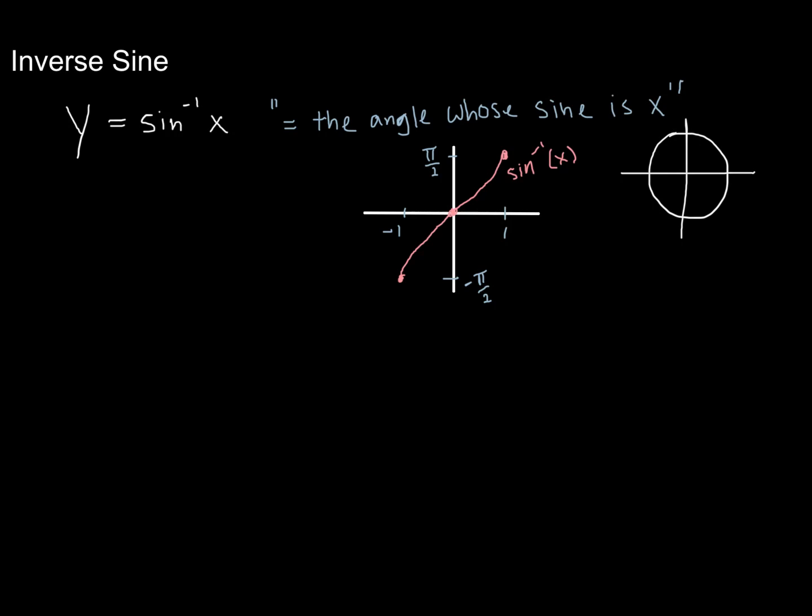All right, one more thing that's going to help us when we take the derivative here is to actually draw a quick little diagram. And remember, I don't need these quadrants here. To draw a quick little diagram of what actually inverse sine of x being equal to y looks like in the unit circle. So I'm just going to take a generic angle out of my unit circle, and I'm going to draw it over here.